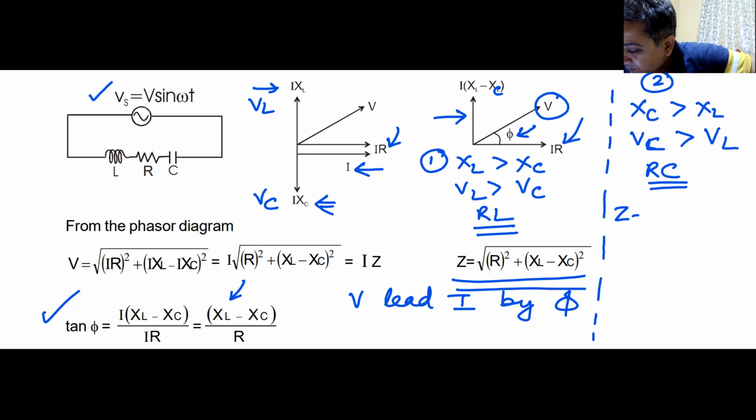In this case, the impedance Z will be written as, I hope you know this, root over R square plus, in first case, it was XL minus XC square, and now it will be XC minus XL square.